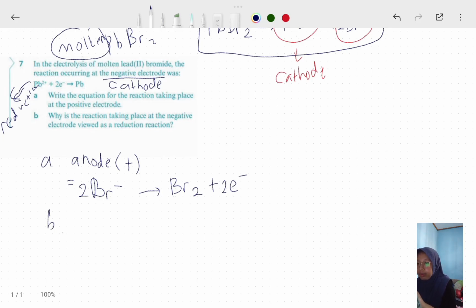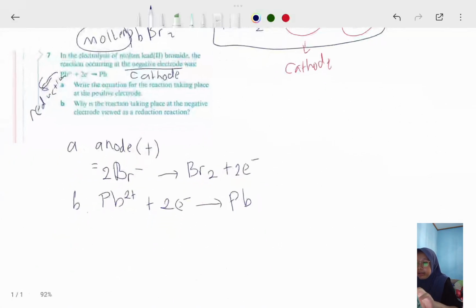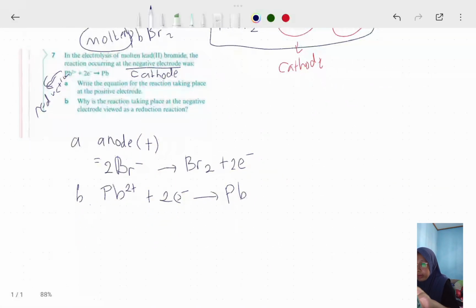And then the second one, why is the reaction taking place at the negative electrode viewed as a reduction reaction? Do you still remember what a reduction reaction actually means? Is that loss or gain of electrons? Yes, good job.